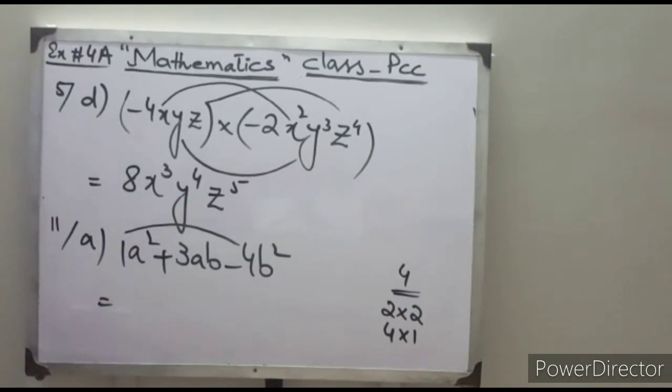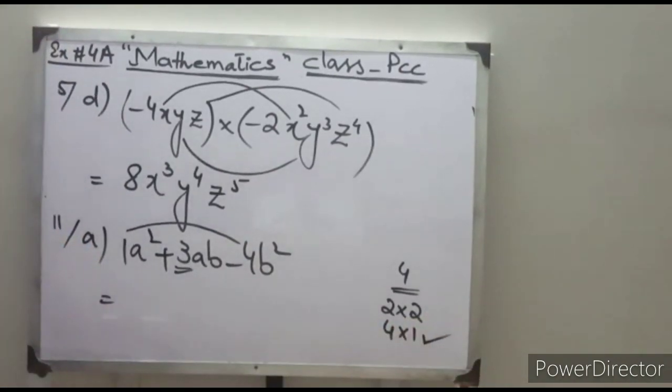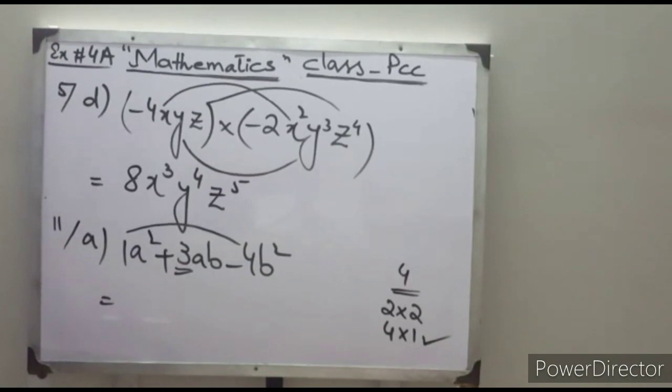We have to choose that pair of factors which give us the middle value of the expression by adding or by subtracting. So the suitable factor is 4 multiplied by 1. When we subtract 1 from 4, we will get the middle value, which is 3.